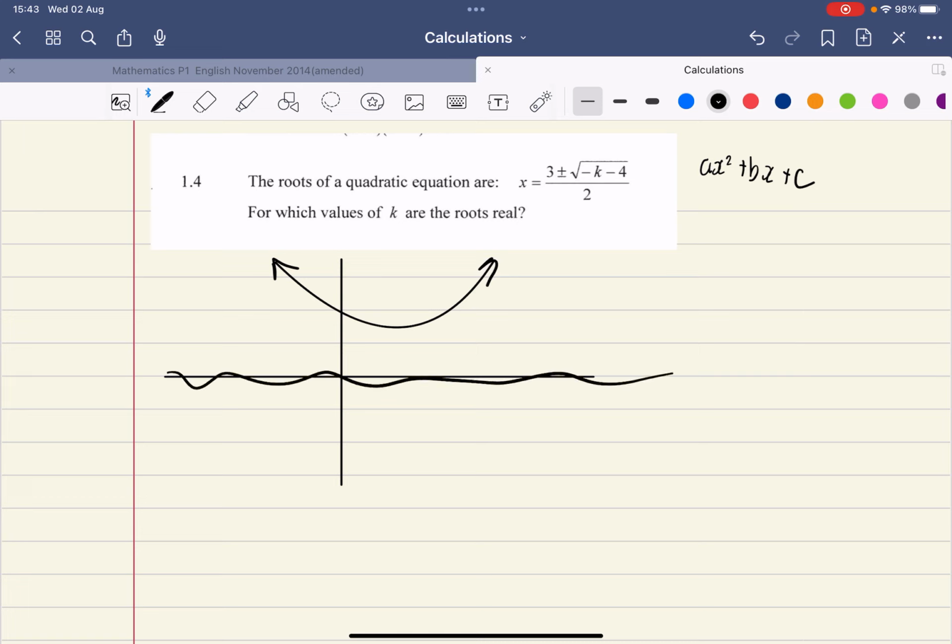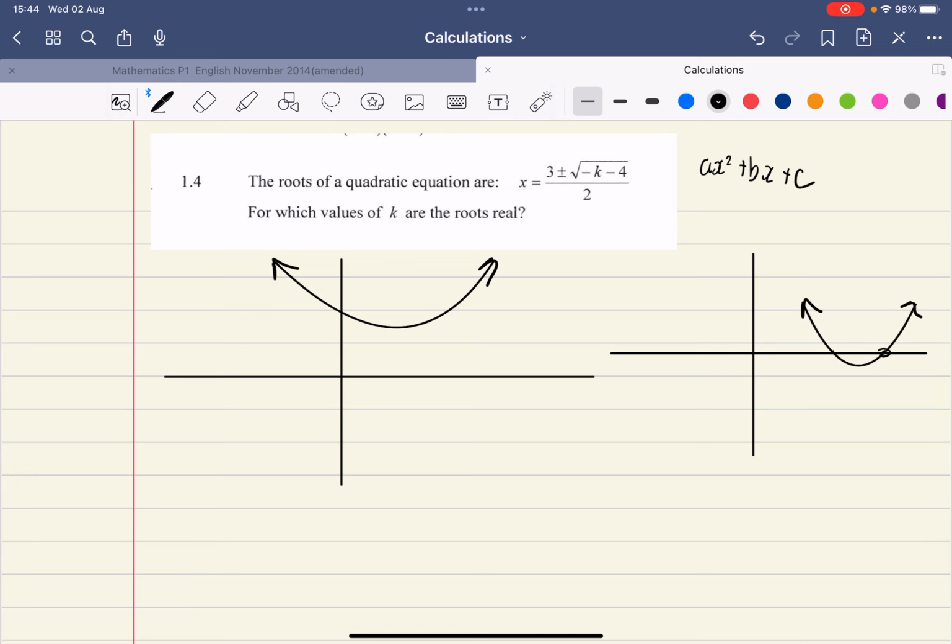The roots are non-real. When they are real, they will at some point cut the x-axis.